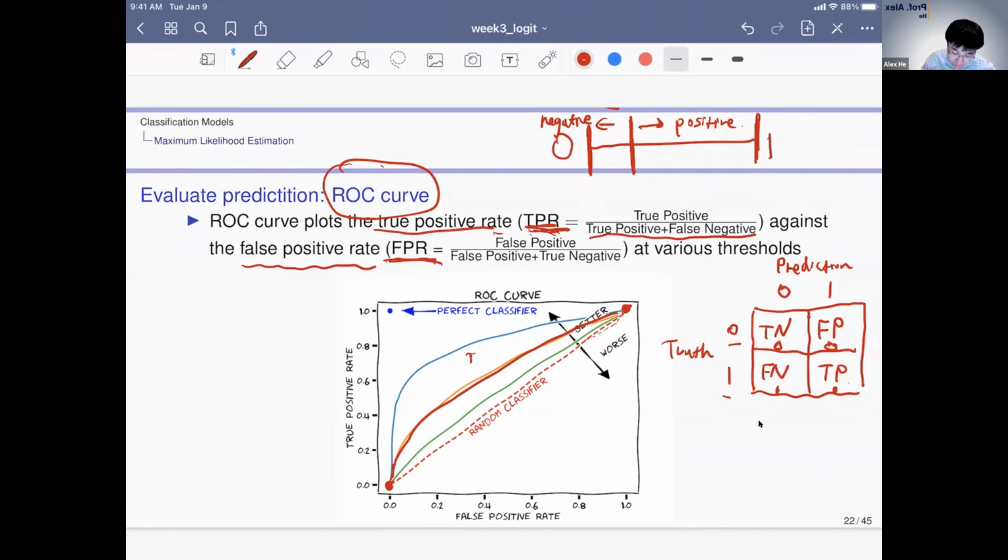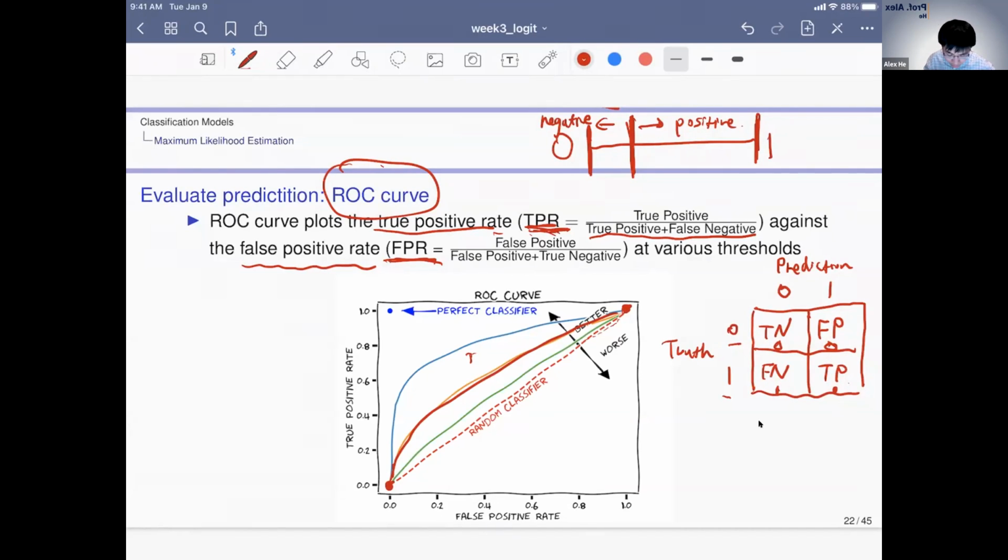And now let's look at some threshold in the middle. Then you're predicting some positive and some negative, okay? Among all the true positives, you will predict some of them to be positive, and among all the true negatives, you would predict some of them to also be positive.